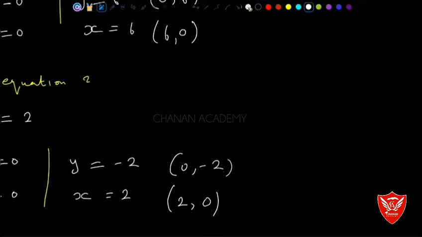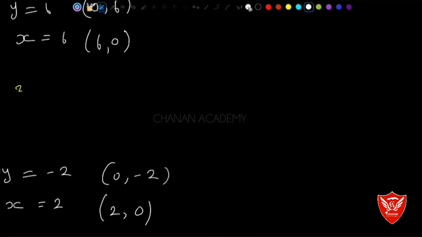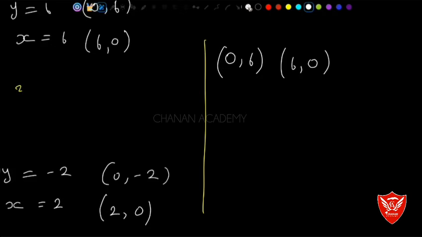So the four coordinates we have are 0, 6, then 6, 0, then 0, minus 2, and then 2, 0. So let's plot our graph.